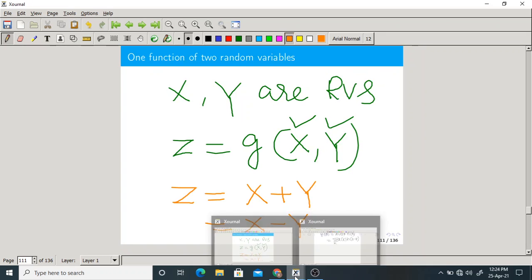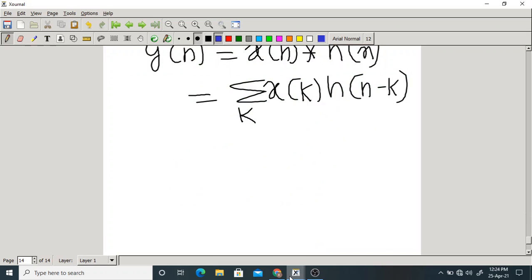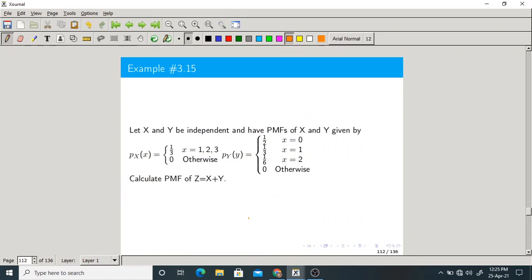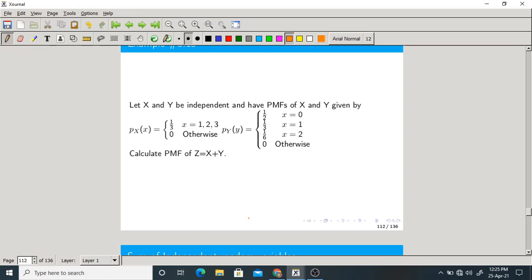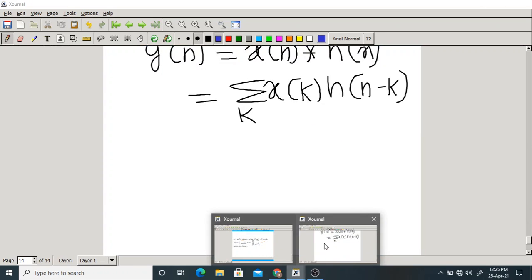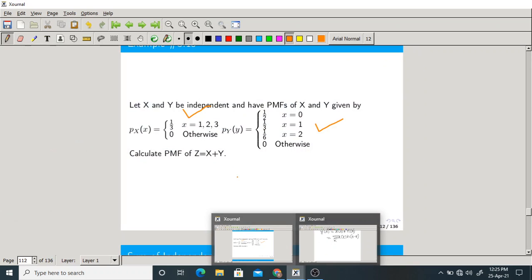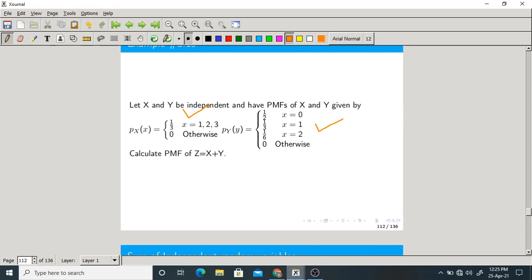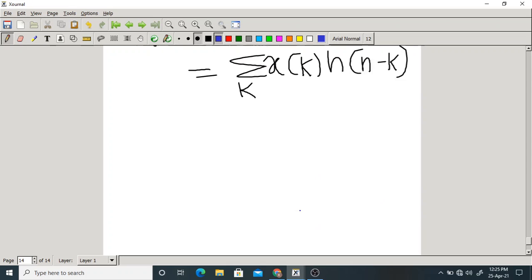So let us take a simple problem. X and Y are independent and have PMFs of X and Y given like this. Calculate the PMF of Z equal to X plus Y. In the problem itself it is given that they are independent, so no problem. Directly you can write the formula.